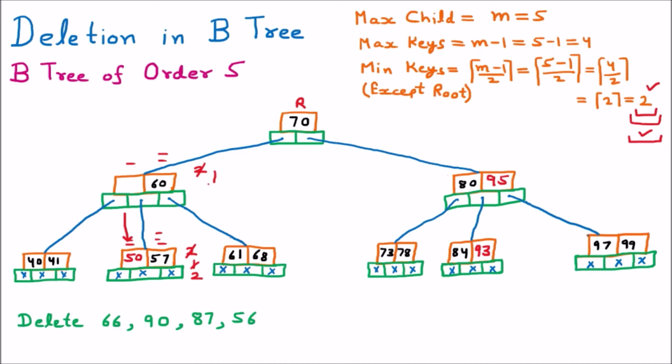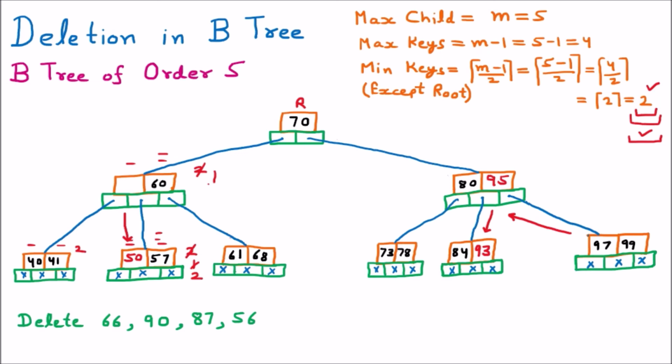Just like the previous shifting where we took a node from up and somebody else took the position, here there is no provision, because if you see all the other children, in the node 40 and 41 there are two keys available. So if we take any one key, it will become 1, and the condition will not be followed.